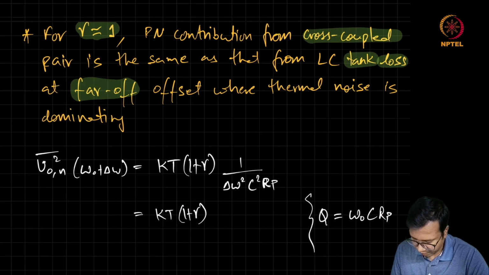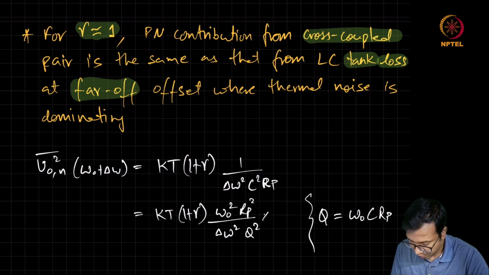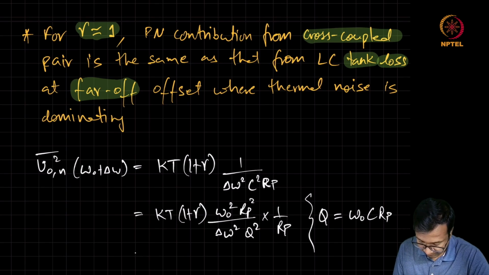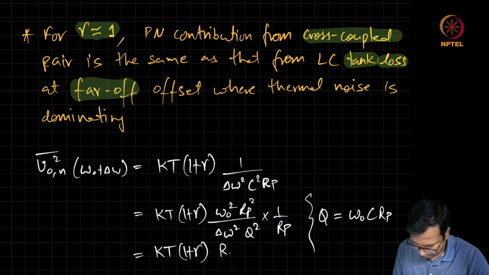So the C square we can write as Q square by omega naught square RP square, into 1 by RP, which is equal to KT (1 + gamma) RP by Q square times (omega naught by delta omega) whole square.